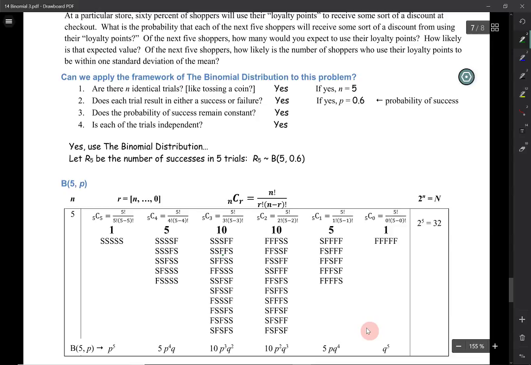So really, we're just including this 1.4, that's 0.40.